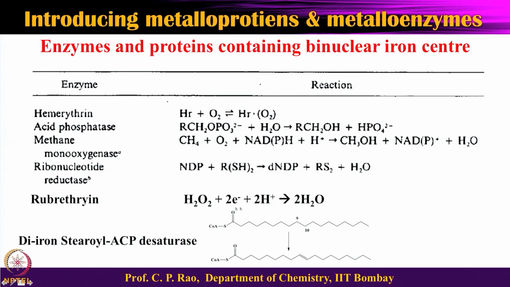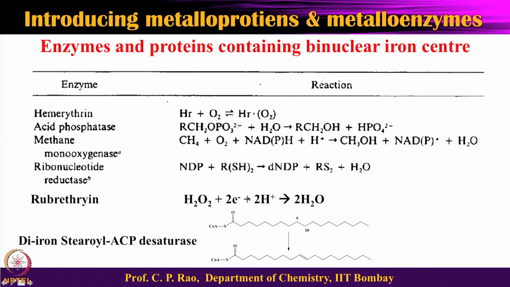So, rubrerythrin gives a catalase kind of activity, and this is also di-iron. We will look at the details. Then, having looked at the reductase and the H2O2 breakdown, let us look at acid phosphatase. Acid phosphatase basically breaks down the phosphate ester bond, in other words, hydrolyzes it.